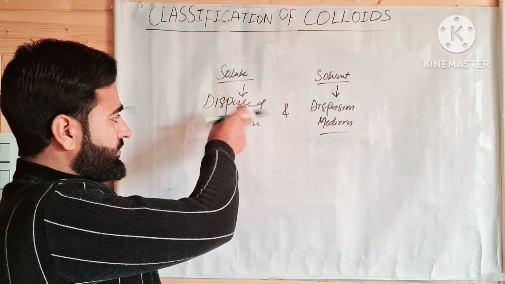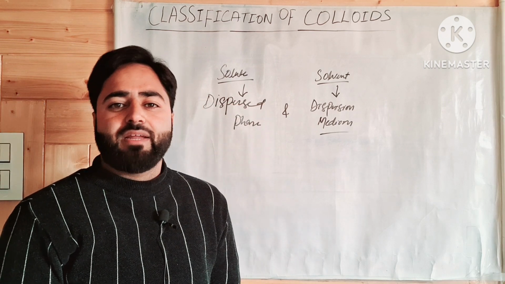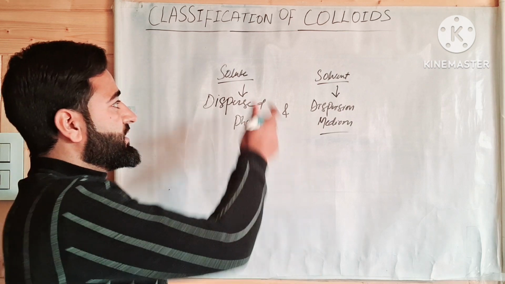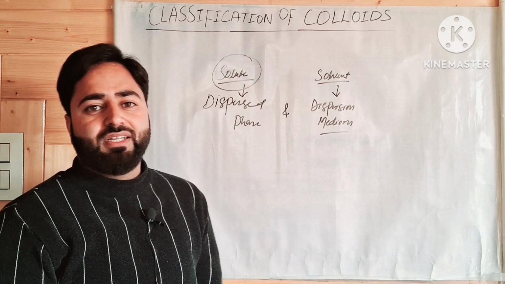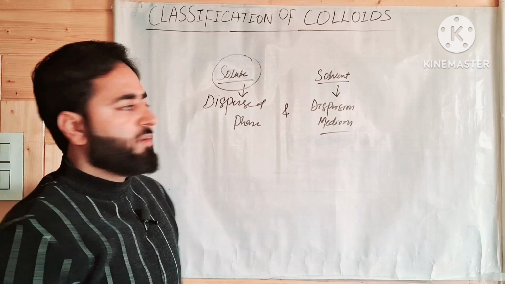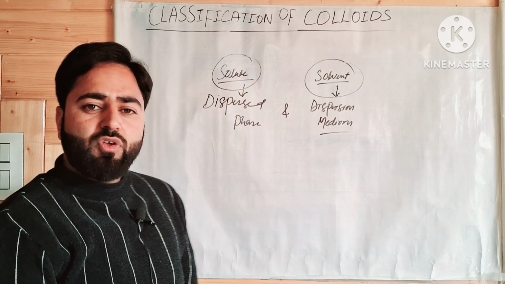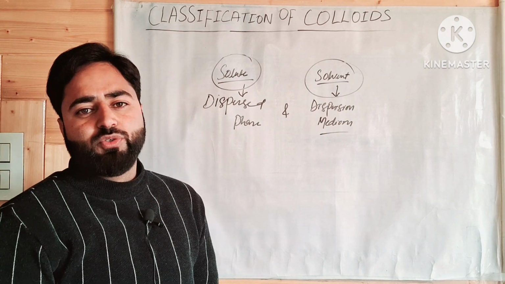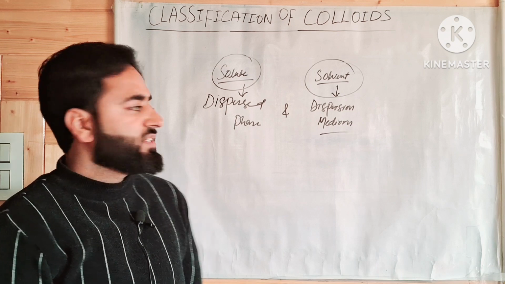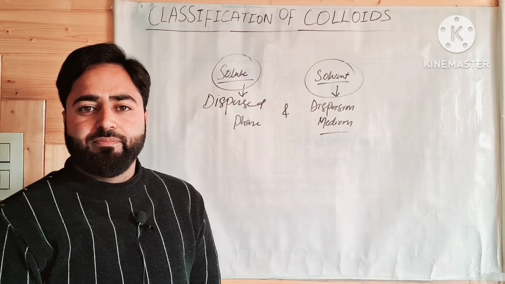Usually the substance which is present in lesser amount is considered the solute, and the substance which is present in greater amount is called the solvent. Mostly we have 8 types of colloidal solution based on the physical state of the dispersed phase and dispersion medium.